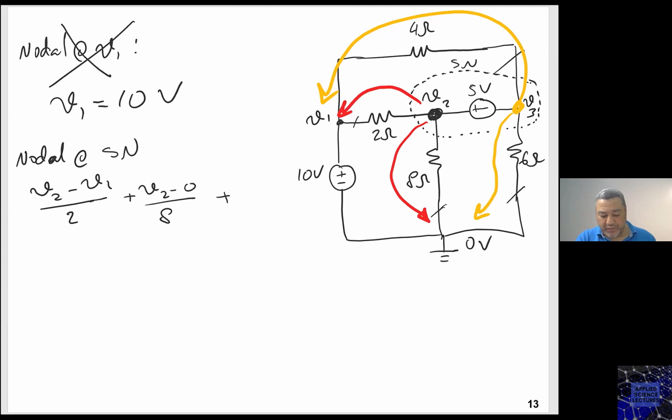I am right now on V3, so plus V3 minus V1 over 4 plus V3 minus 0 over 6 equals to 0. This is the supernode equation. I'm done with the supernode equation.